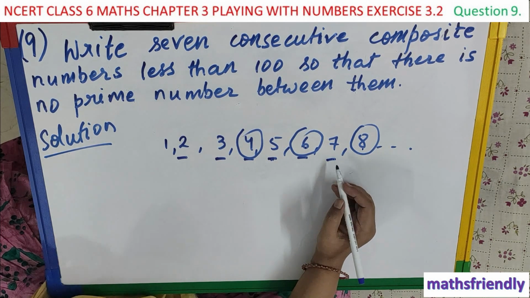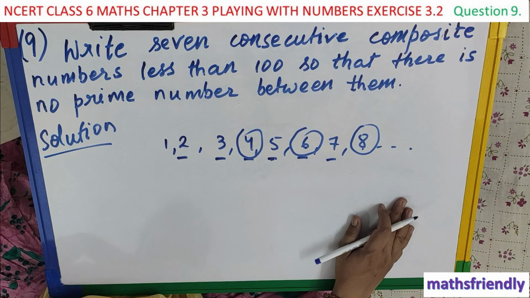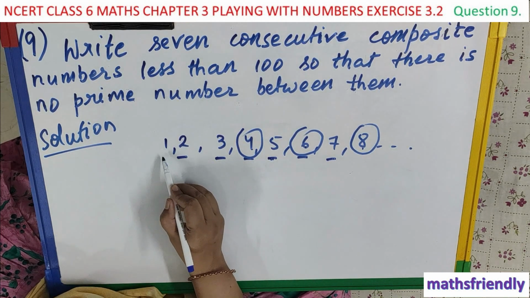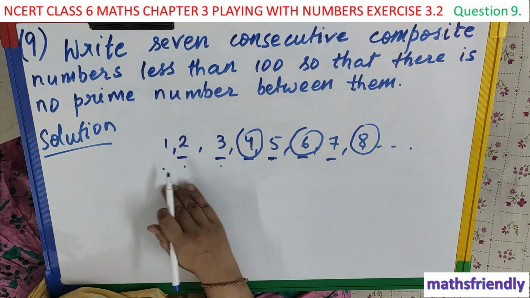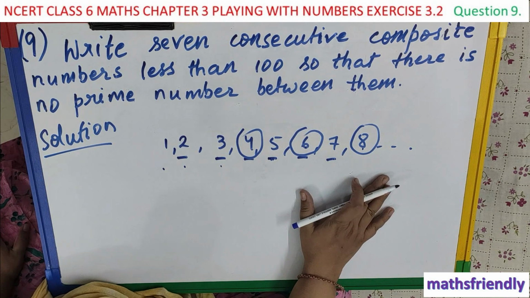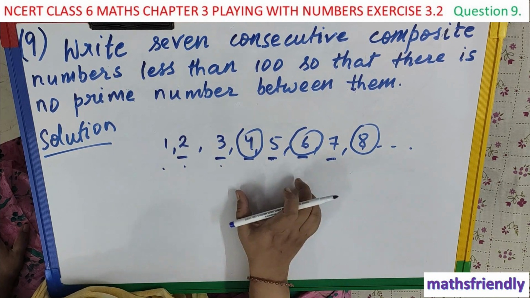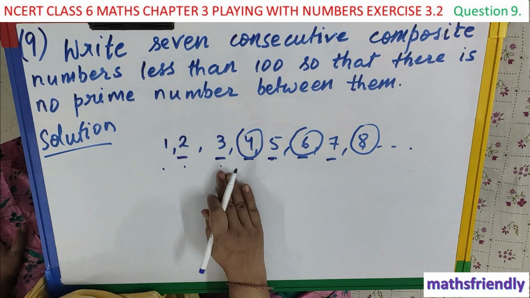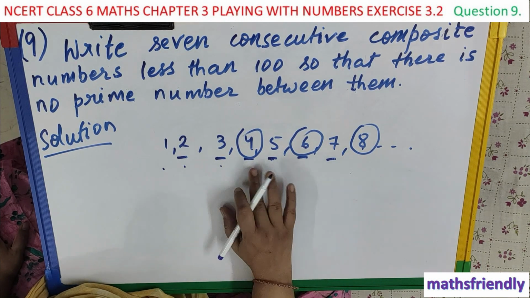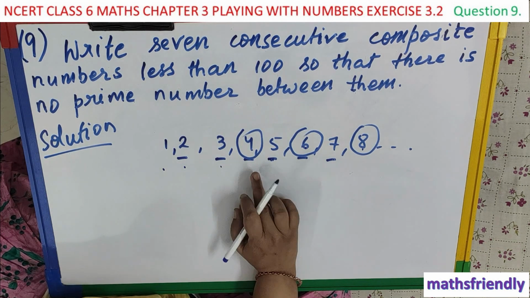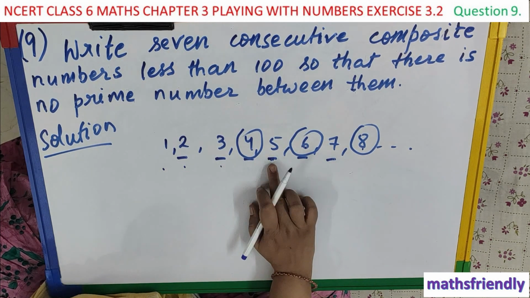So we have to write 7 consecutive composite numbers, meaning all the 7 numbers should be consecutive. There should be no prime number in between those 7 composite numbers. Like here, in between these two composite numbers there is a prime number.